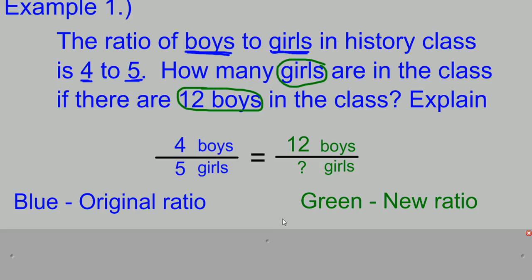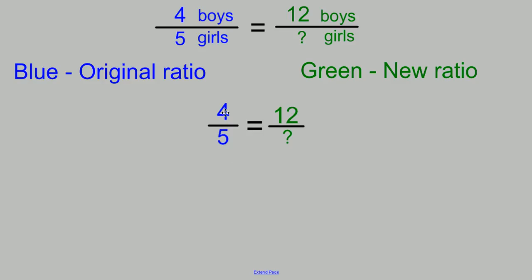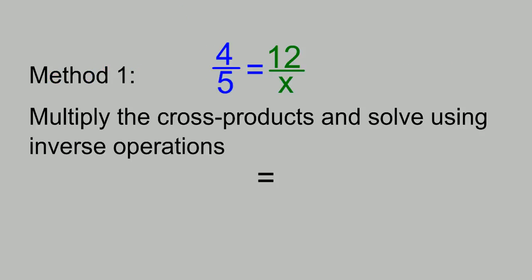The blue stands for the original ratio, and the green is the new ratio. Now, once you have that written, if you want to simplify it, all you have to do is take out the words. And here we have 4 to 5 equals 12 to question mark. Let's look at some methods we can use to solve this.